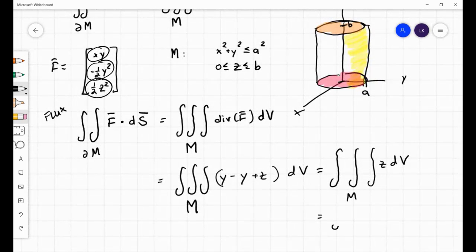So to integrate over the disk, theta goes from 0 to 2 pi, r goes from 0 to a, z goes from 0 to b. And the differential volume element in cylindrical coordinates is r dz dr d theta.